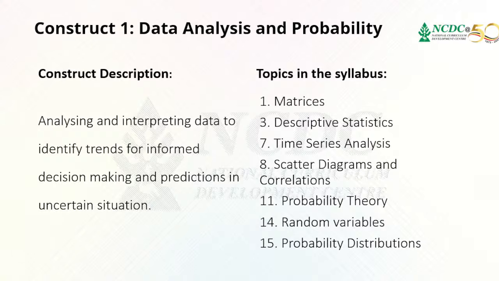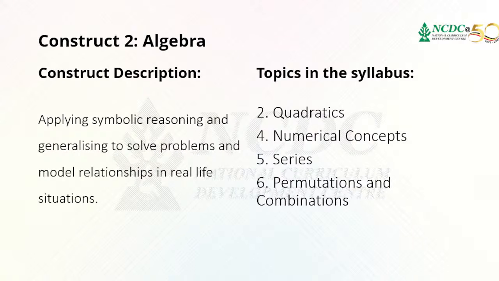The numbers you are seeing there indicate the positions of those topics in the syllabus. So you don't say that numbering has changed, we move from number 1 to number 3, 7 to 8, then 8 to 11. No, the way they are numbered there is as they appear in the syllabus of sub-math.